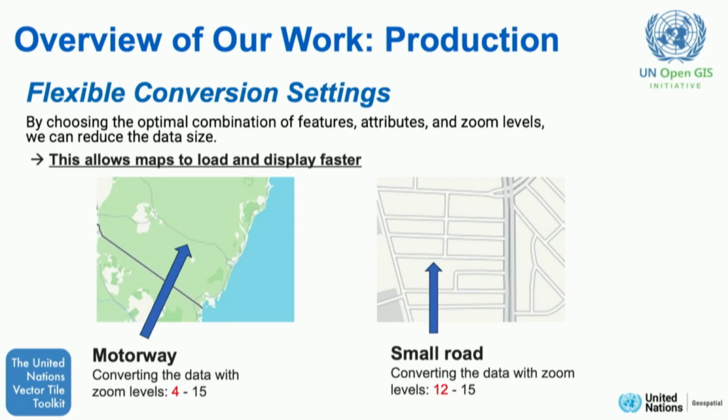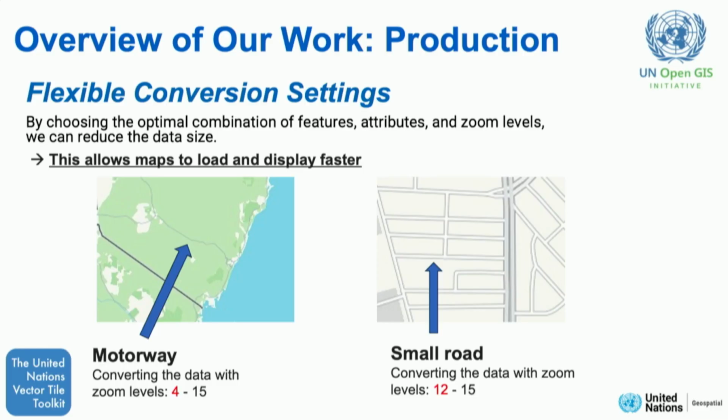For instance, we need motorway data. It's like highway data at small scale. So we have to convert the data with zoom level 4 to 15 so that it can be displayed across multiple zoom levels.